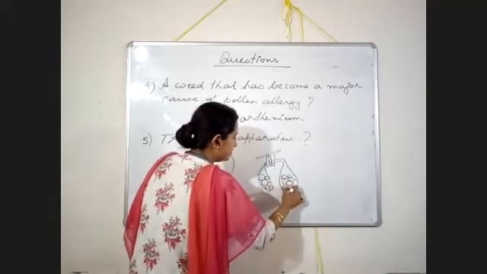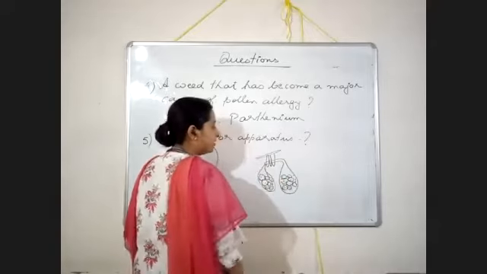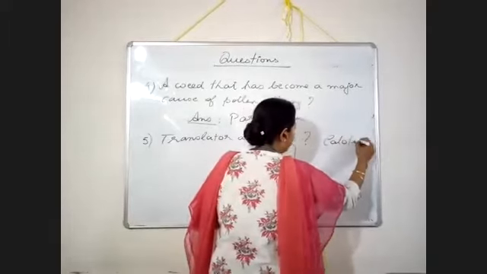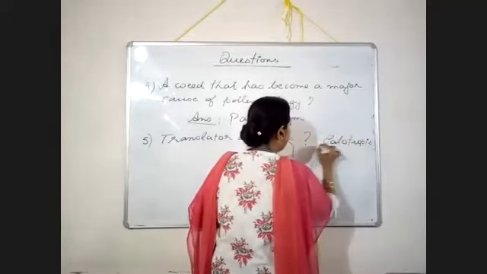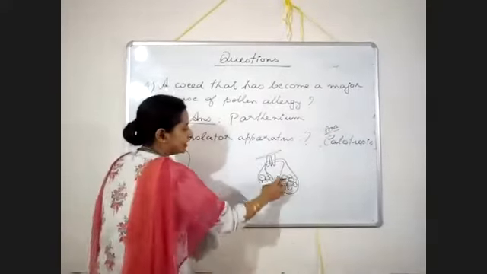So this was the translator apparatus that we have talked about. This is something that is found in Calotropis. So examples are also important.